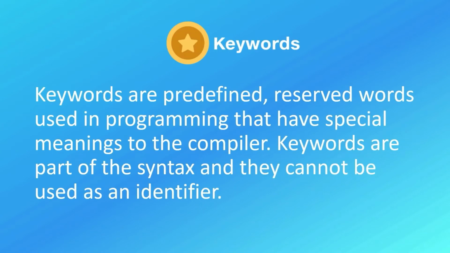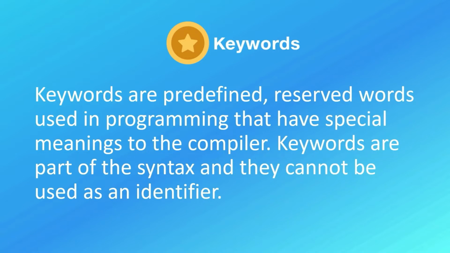Keywords are predefined reserved words used in programming that have special meanings to the compiler. Keywords are part of the syntax and they cannot be used as an identifier. As we can see, it is predefined. That means to say it has a role or a function, and its function has different applications to other keywords, and it is a reserved word.